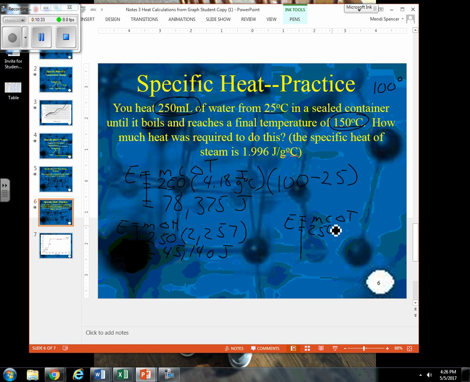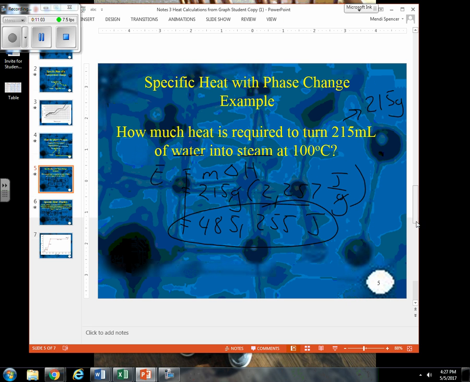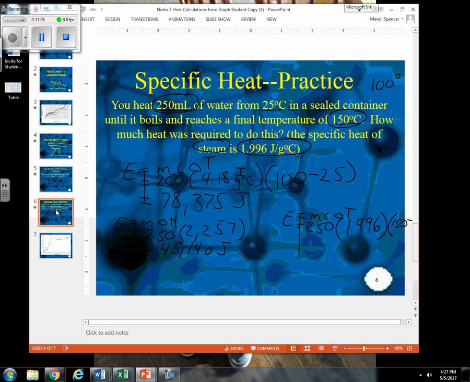So we still have 250 grams of water. And since we are working with steam, we need to use the specific heat capacity of steam, which is given to you. It's 1.996 joules per gram degree Celsius. And our temperature change now is from 150, which is the final temp, from the 100 degrees Celsius.